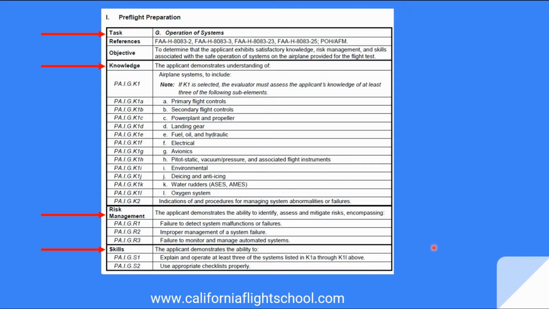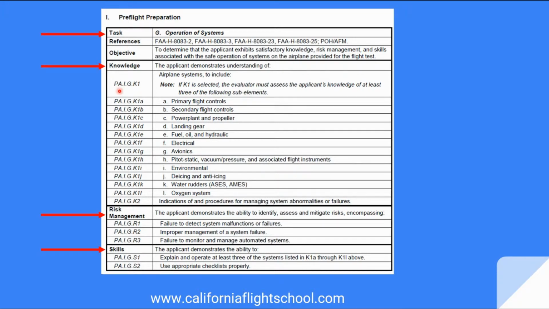The tasks in the ACS are listed by the name of the task. References are given, and yes, you should download those and have them. It has a knowledge section, a risk management section, and a skill section, which are further divided into different sections named Private Pilot Airplane.